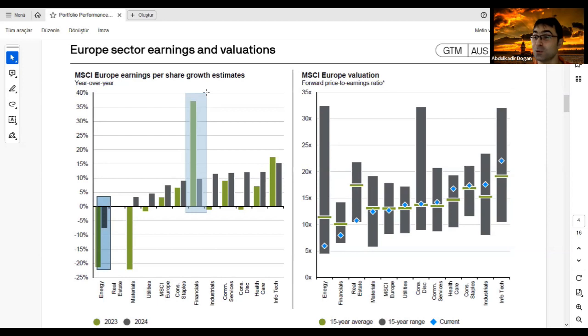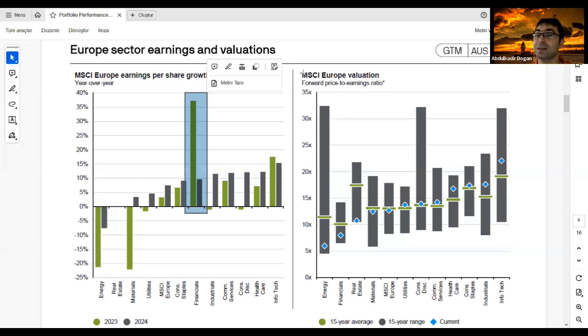Financial companies are producing excellent profits, right? All the banks, because of the interest rate hike, are selling huge credit and getting excellent profit because of their credit and loan agreements. For that reason, their earning per share growth estimate is approximately 25% in Europe.